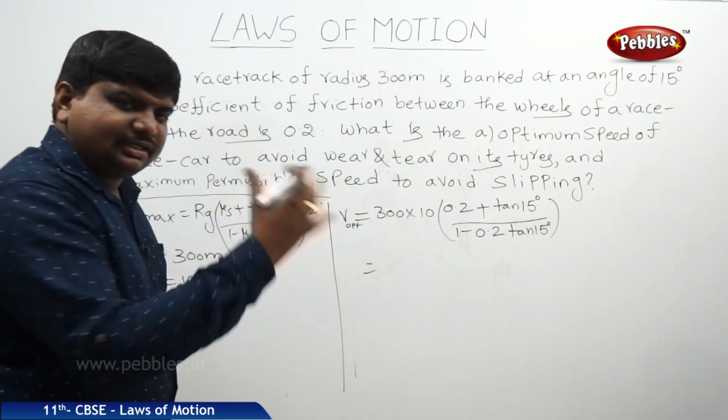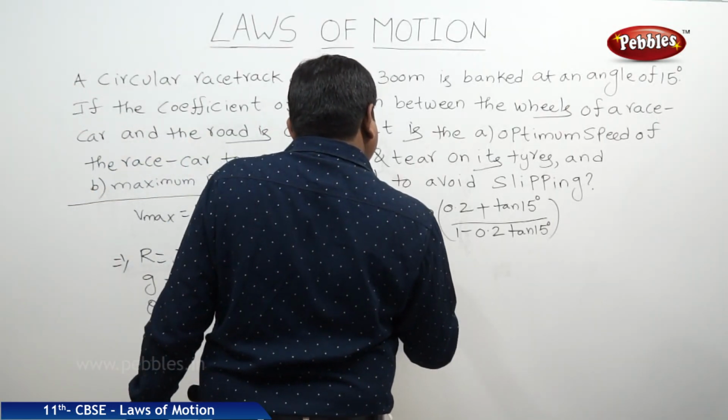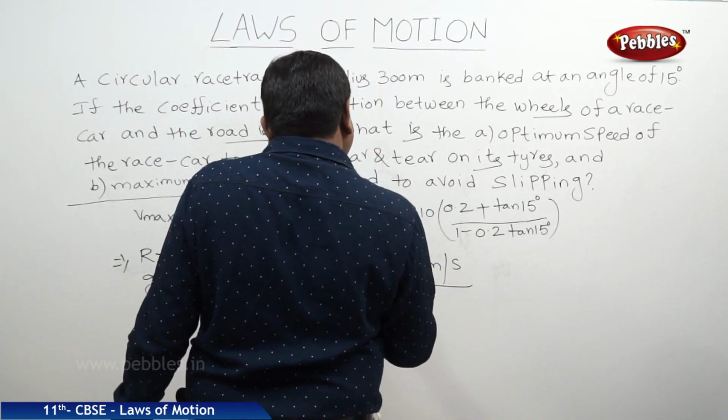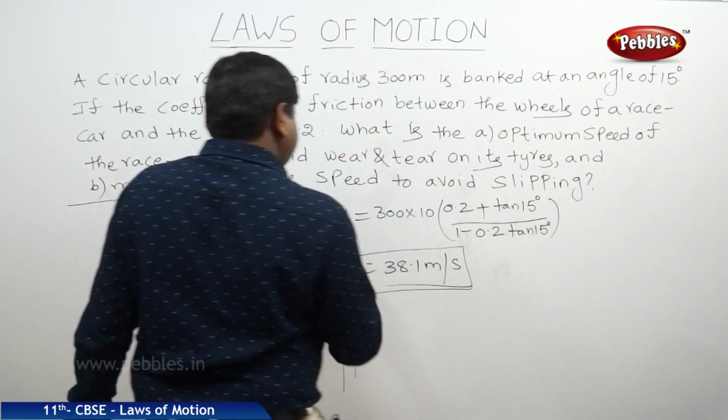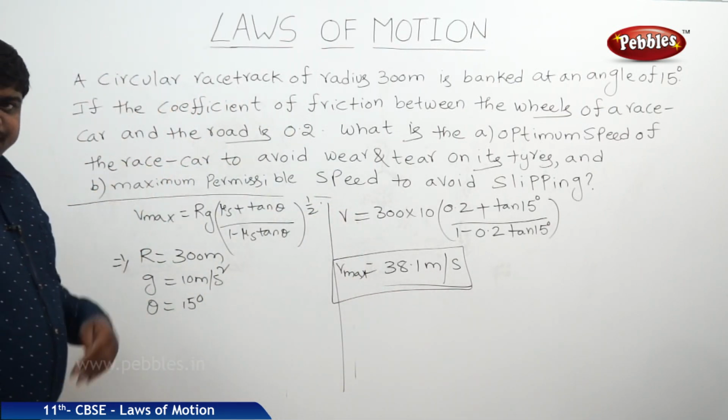If you do the calculation, it will be 38.1 meters per second. So this is the maximum speed required to keep the body or to avoid the slipping.